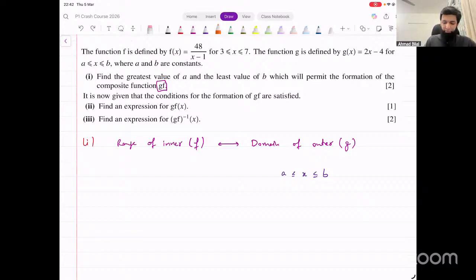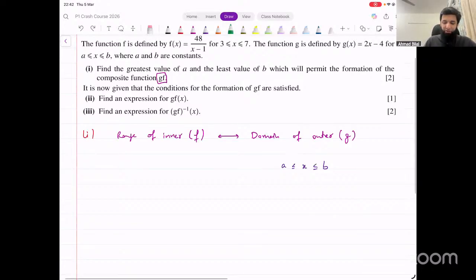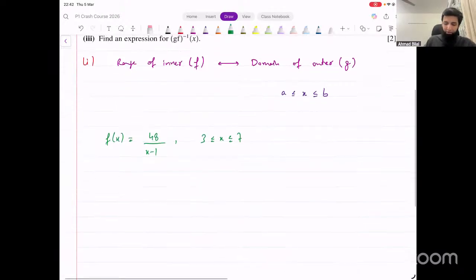Let's do that. Range of the inner function. f of x is equal to 48 over x minus 1. The domain of the function is x between 3 and 7. You can input 3 and see what happens. When you input 3, you get 48 over 2, that's 24. f of 3 is 24.